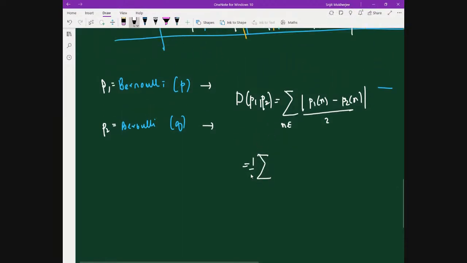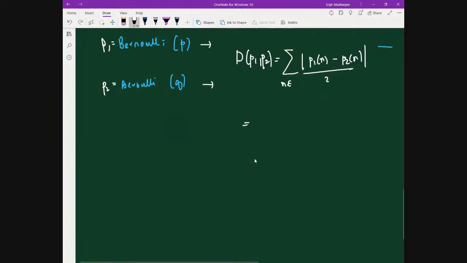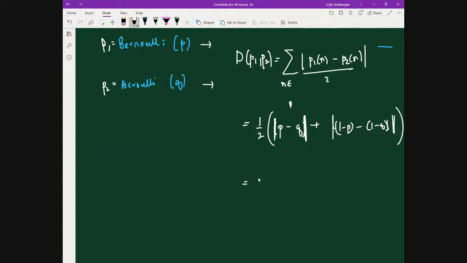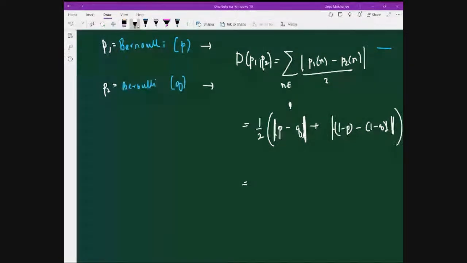The idea is that half is common. So what you get over here is mod of P minus Q for the one part, plus the modulus of 1 minus P minus 1 minus Q. Can someone tell me what you get finally for this?